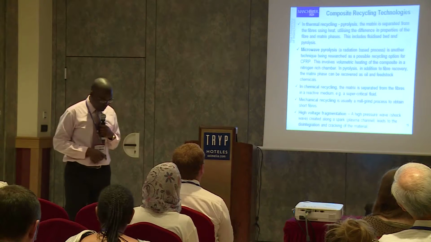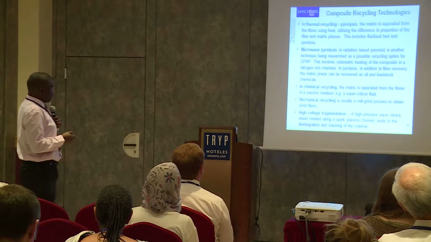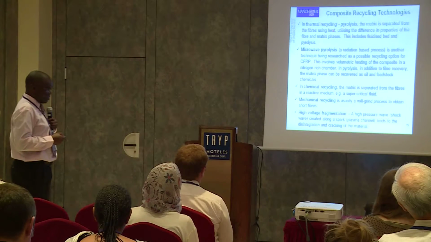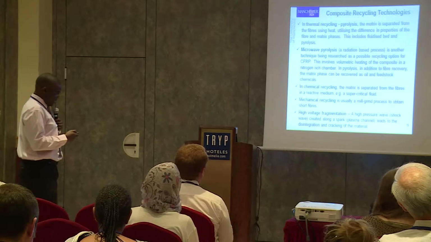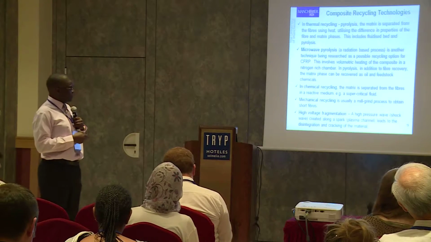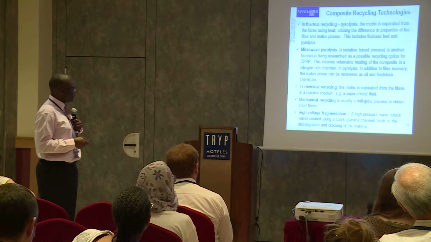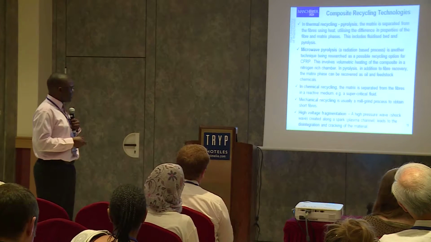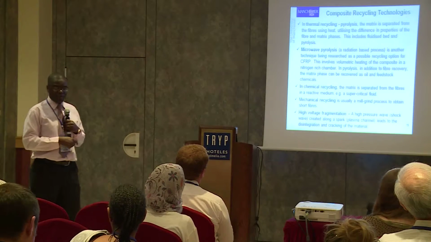So how do we do that? We can use heat, so thermal processes. We heat the composite, and therefore we decompose the matrix. We can use microwave radiation, which is good because we can do that through volumetric processing. We can also use chemical processes, or we can do it mechanically, or we can use high voltage fragmentation.